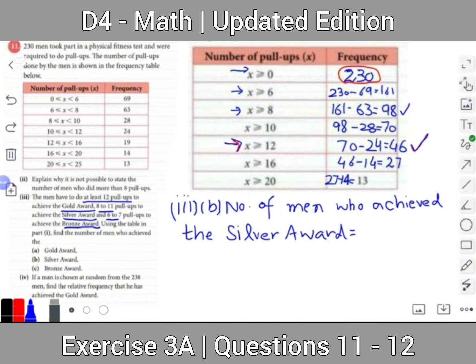So we will take away 46 from 98 and we will get 52. So the number of men who achieved the silver award is equal to 52.